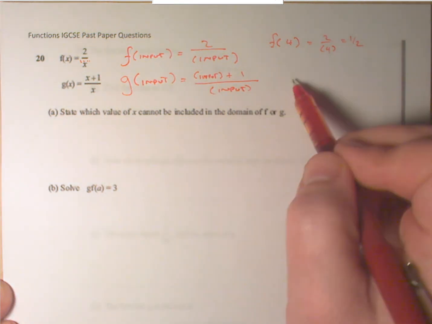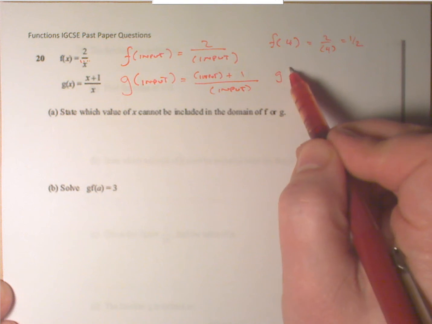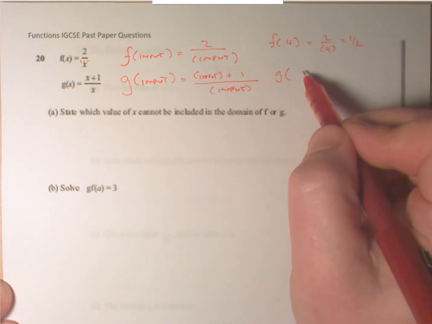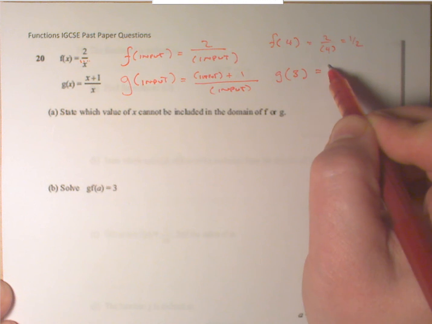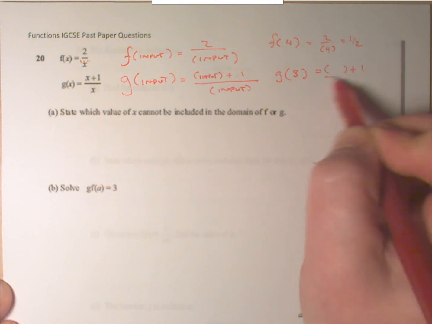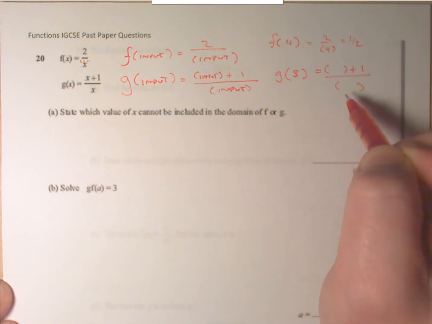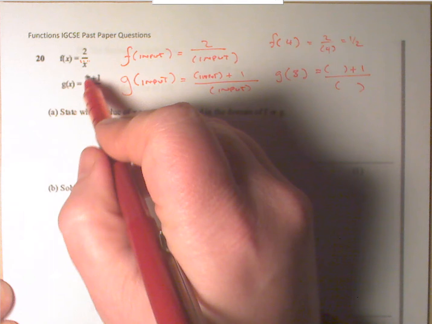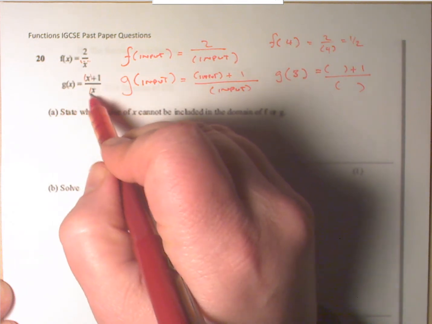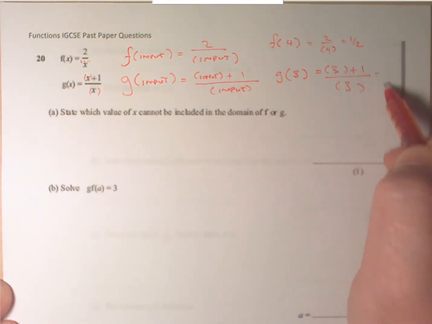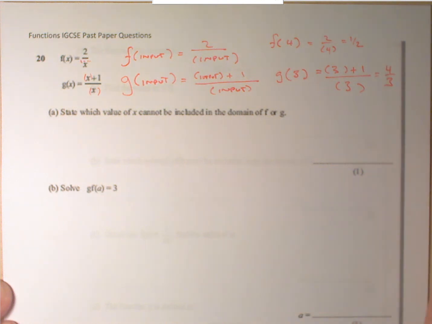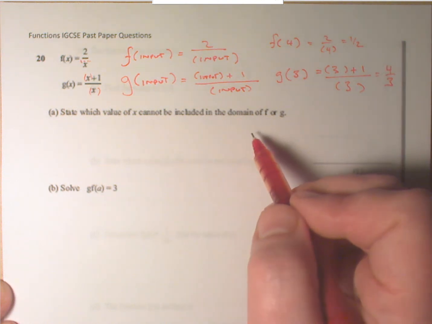So, for instance, if I had g of 3, I'd put the input wherever the x was. So the 3 would go here, and this will give me 4/3. Okay, right. So let's start the questions.